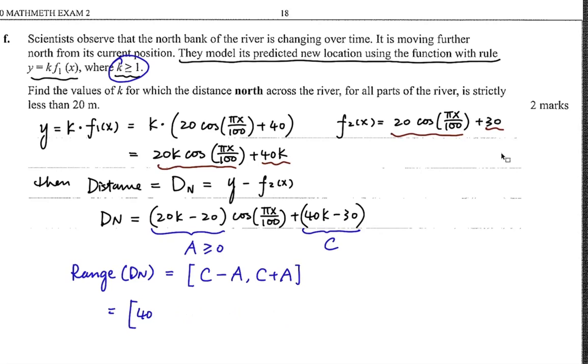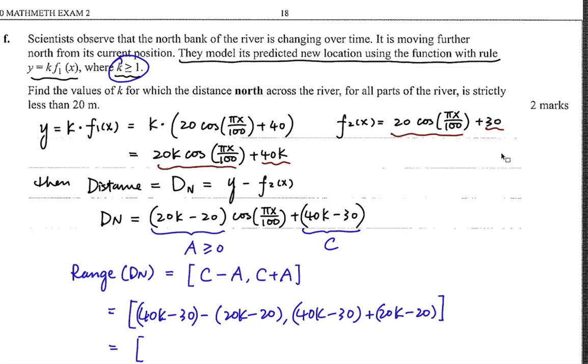Should be the other way around. 40k minus 30 minus 20k minus 20.